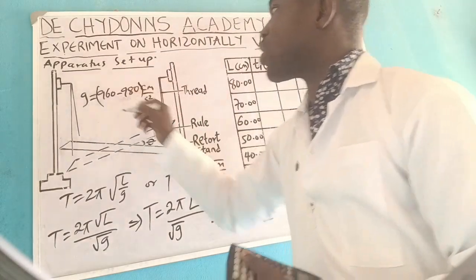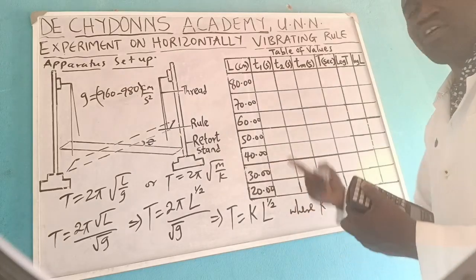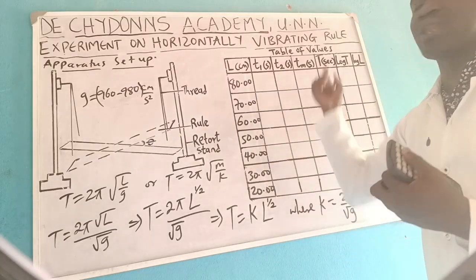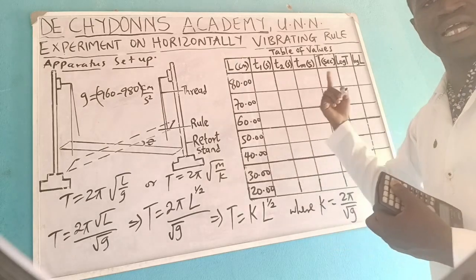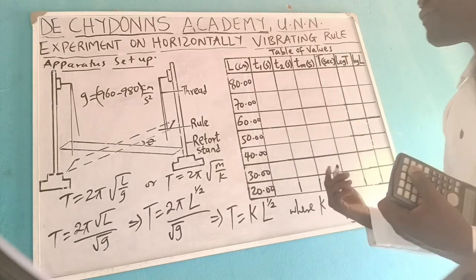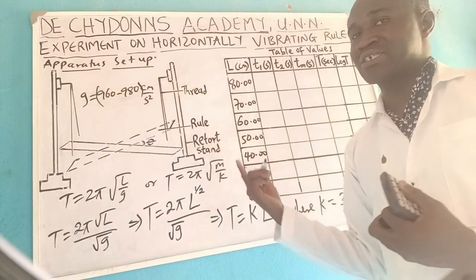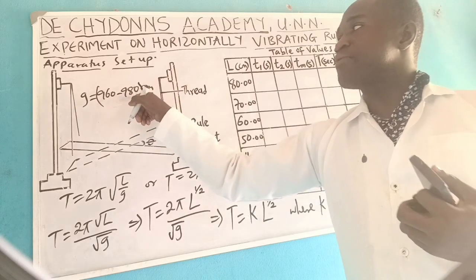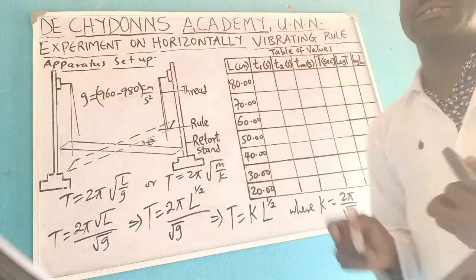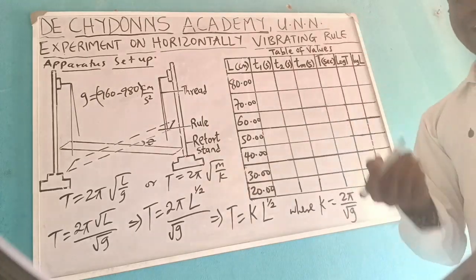The reason is that if you use 960 in this, after your approximation, it can get to 980. If you use 970, after your approximation, you can get to 980. So I recommend students to use either 960 or 970 instead of 980, so that after approximation everything will fall on 980 centimeter per second square. And so let's take 970.